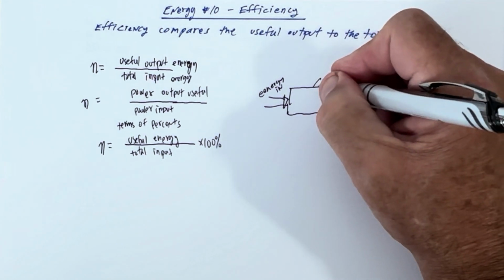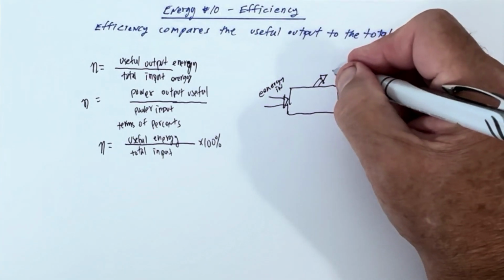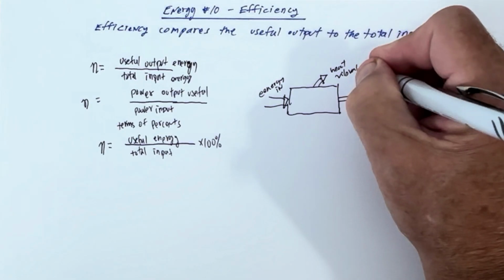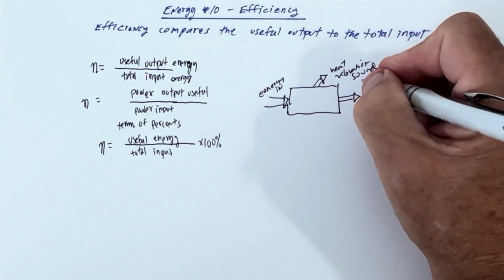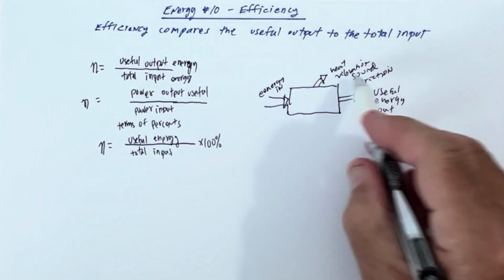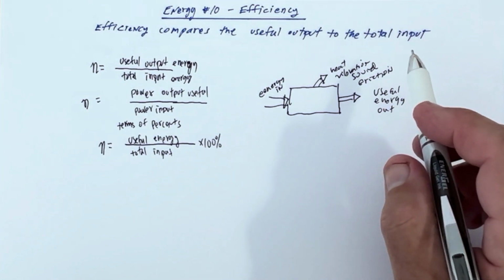Now this other energy that comes out of it is the non-conservative energy, like the heat, vibration, sound, friction. These are all wasted energy. We like machines that are 100% efficient, but they're not.